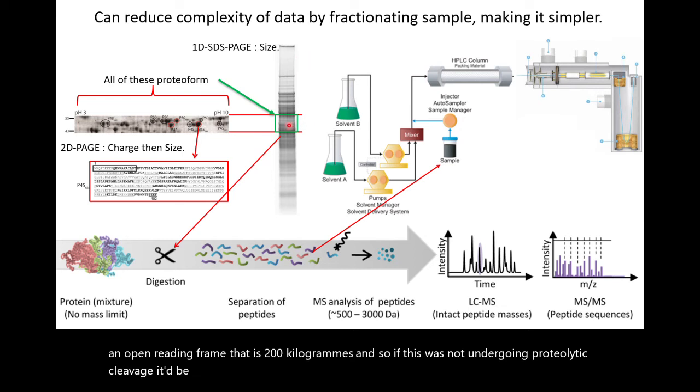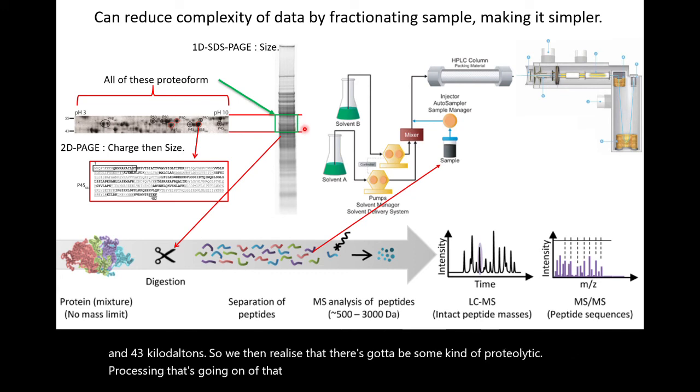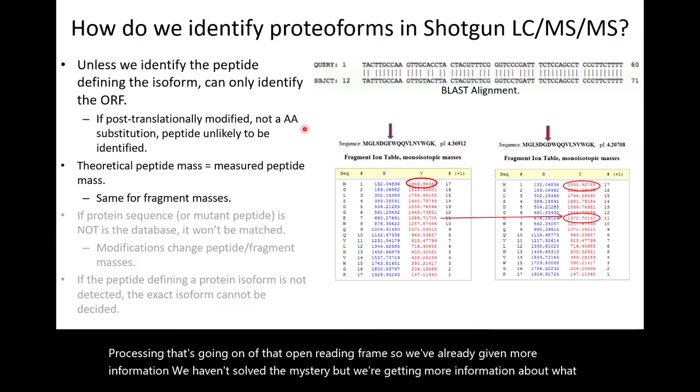We're detecting it in a fraction that's between 55 and 43 kilodaltons. So we then realize that there's got to be some kind of proteolytic processing going on of that open reading frame. So we've already given more information. We haven't solved the mystery, but we're getting more information about what is going on.